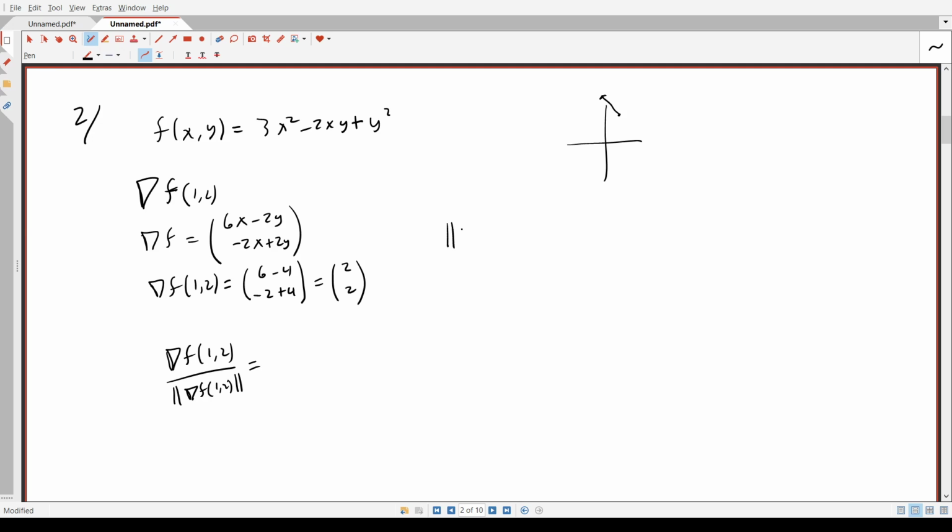Well, what is the norm of this thing? That's going to be the square root of 4 plus 4, which is 2 root 2. So I divide by 2 root 2, and what I end up with is 1 over root 2, 1 over root 2.